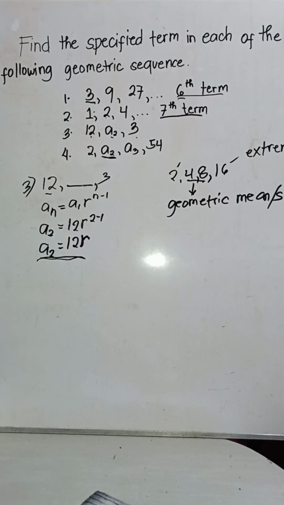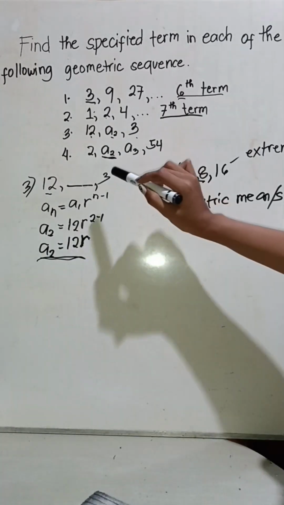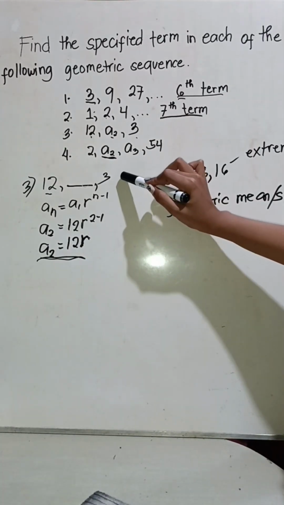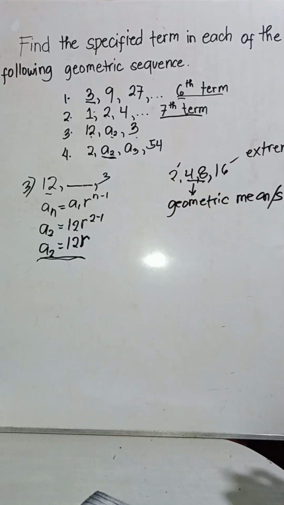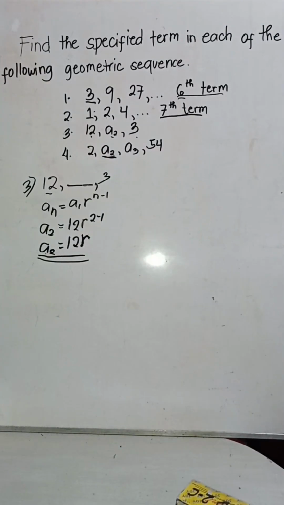So now, let us derive a formula sa geometric mean para ma-solve nato ni nga problem. So now, let us derive the formula in finding the geometric mean of the sequence.